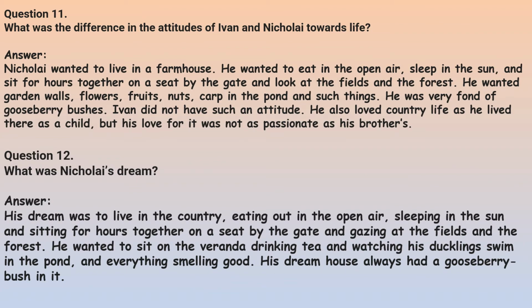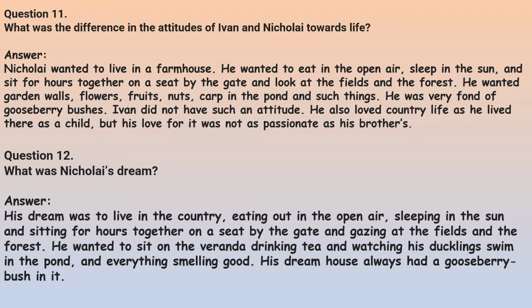What was the difference in the attitudes of Ivan and Nikolai towards life? Both the brothers had a difference in their attitudes. Nikolai wanted to live in a farmhouse. He wanted to eat in the open air, sleep in the sun, and sit for hours together on a seat by the gate and look at the fields and the forest.